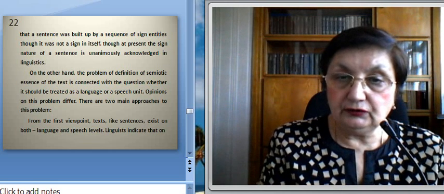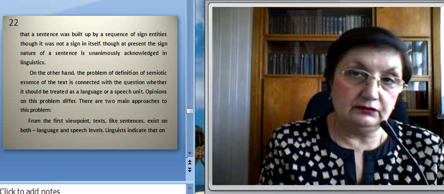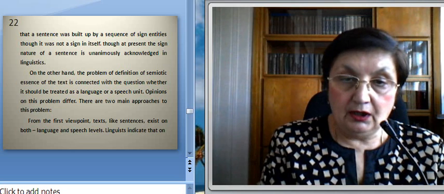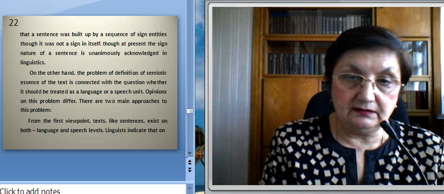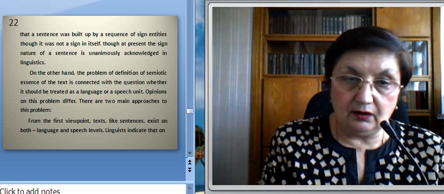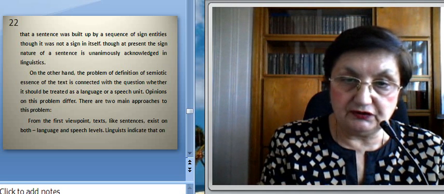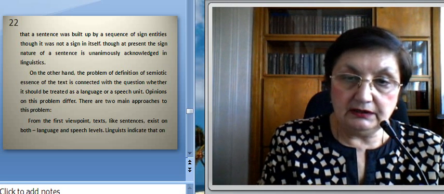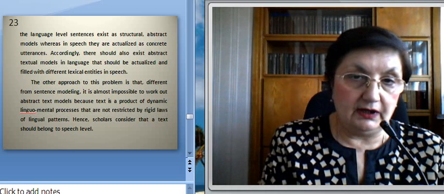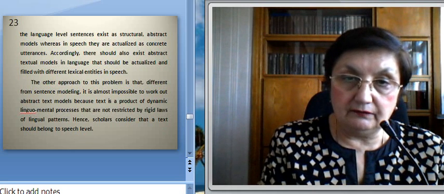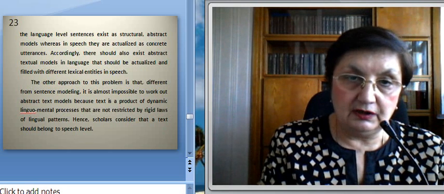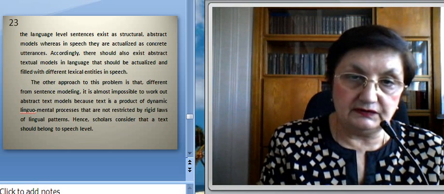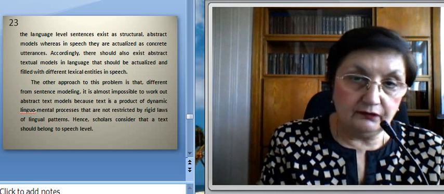Linguists indicate that on the language level, sentences exist as structural, abstract models, whereas in speech they are actualized as concrete utterances. Accordingly, there should also exist abstract textual models in language that should be actualized and filled with different lexical entities in speech.